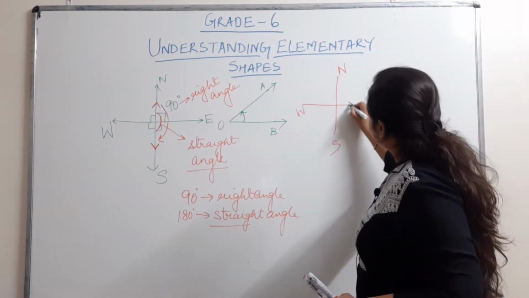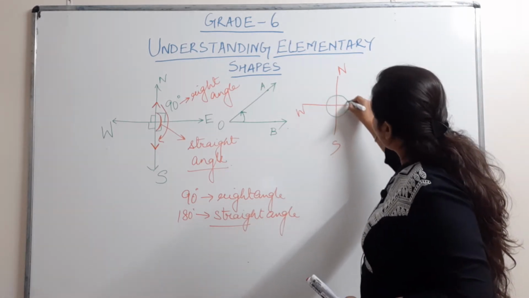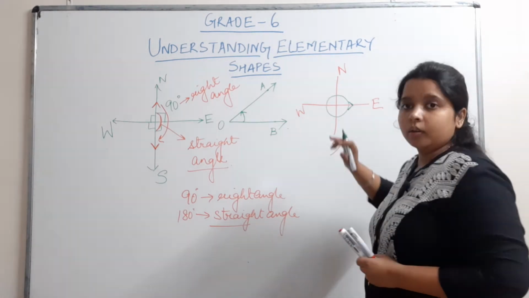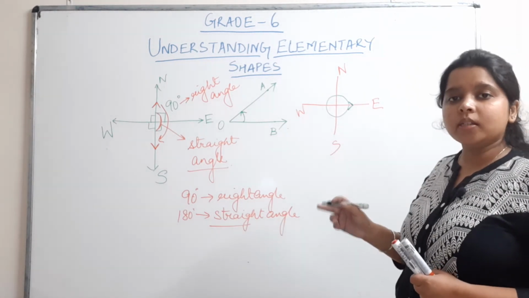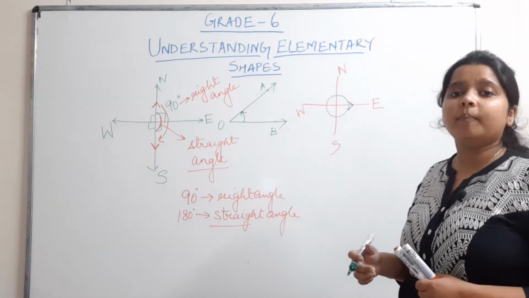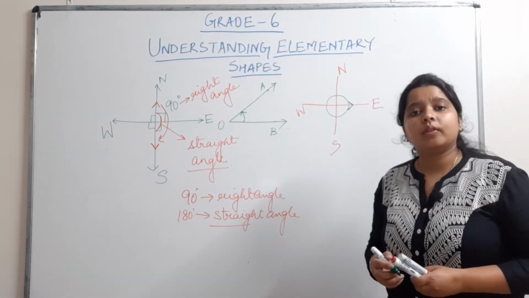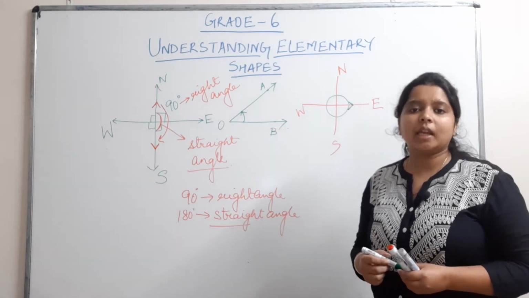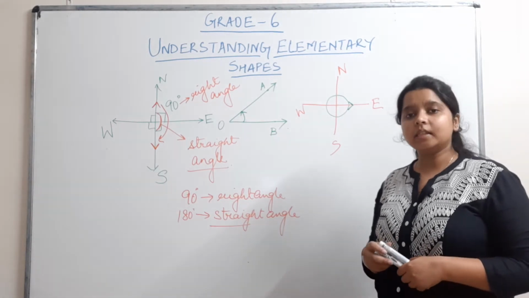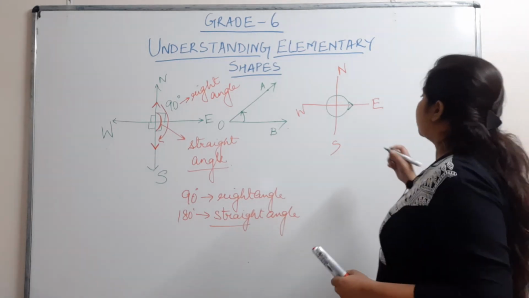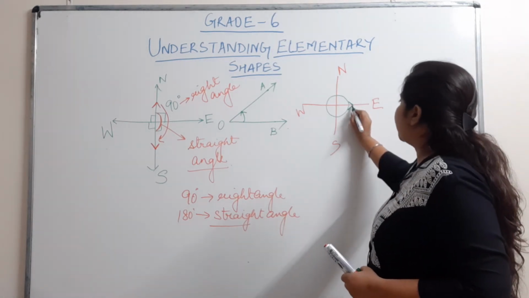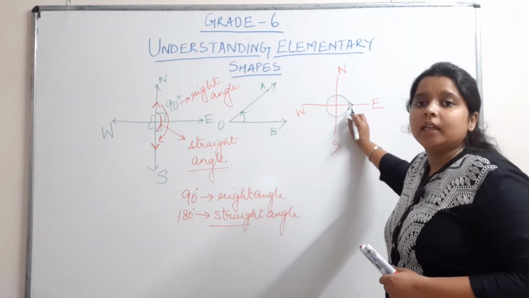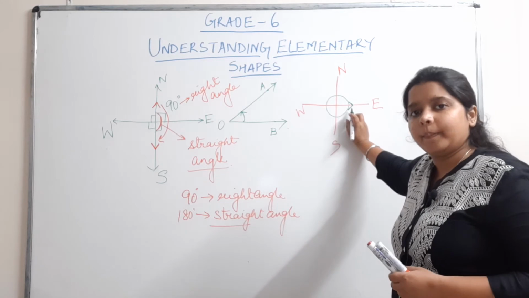One complete rotation is equal to 4 right angles. And if we turn clockwise or anti-clockwise in one complete rotation, where will we reach? We will face the same direction. So the person who is standing facing east and turns one complete rotation faces east again.